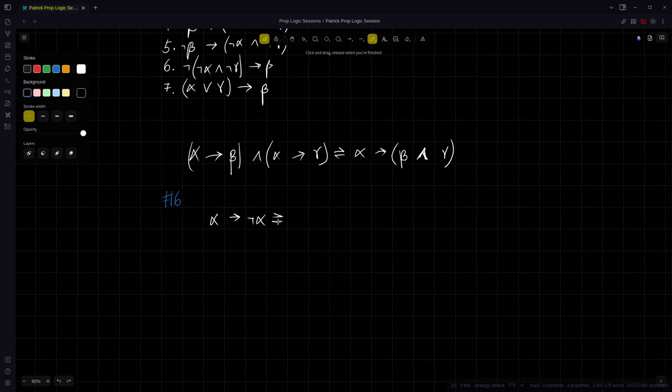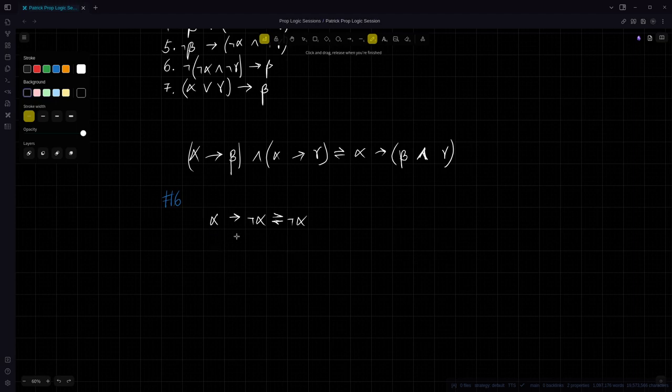It basically means that if something entails its negation, then you can just write it as equivalent to the negation.